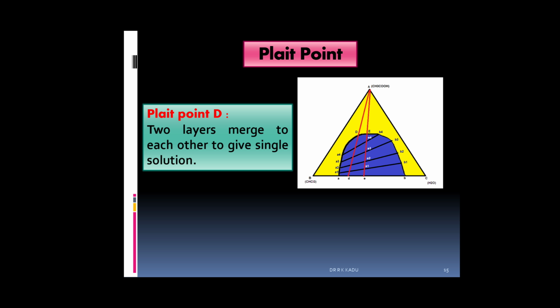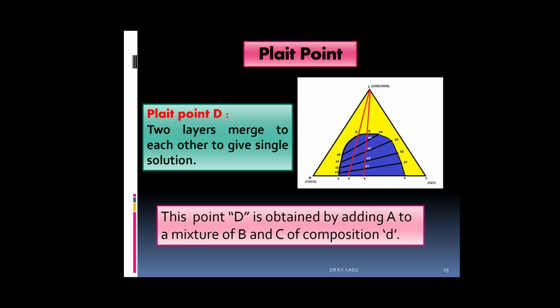The plait point is the point at which two layers merge into each other to give a single solution. In this phase diagram, D is the plait point, and this point D is obtained by adding A to the mixture of B and C of composition D.